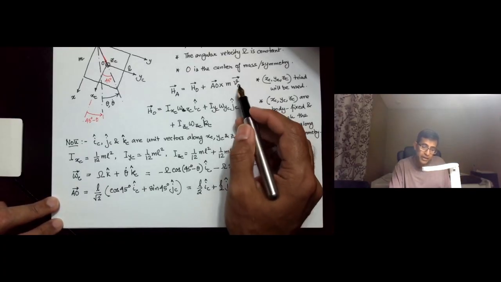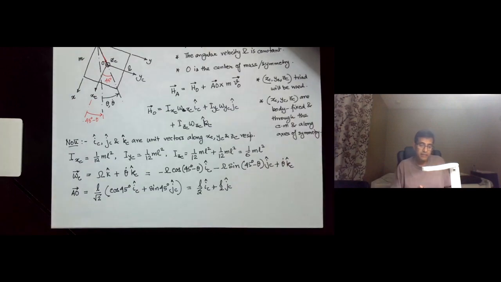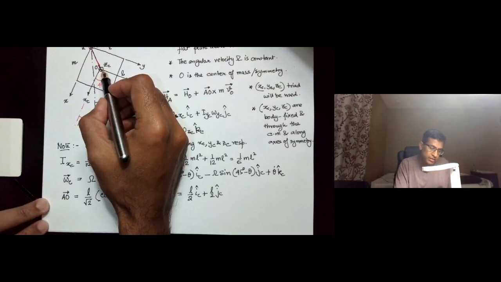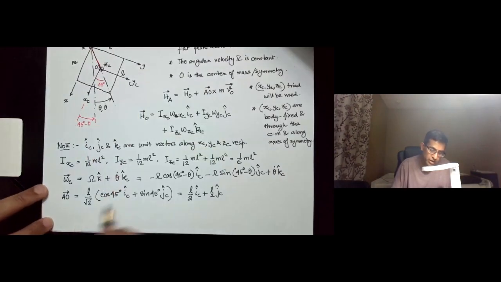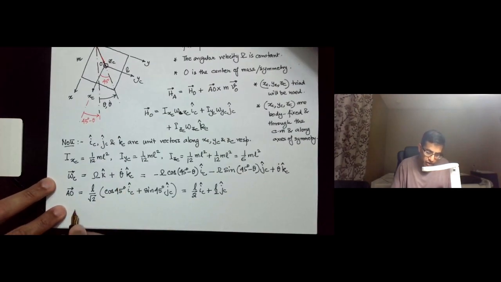Now next we want to find the velocity VO. So O is undergoing pure rotation about the point A, and therefore VO is equal to omega cross AO.